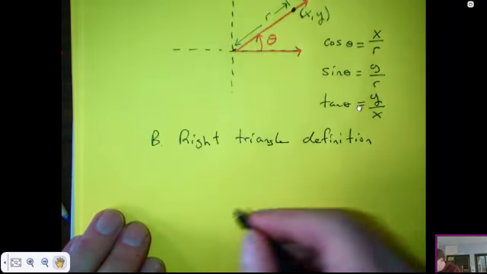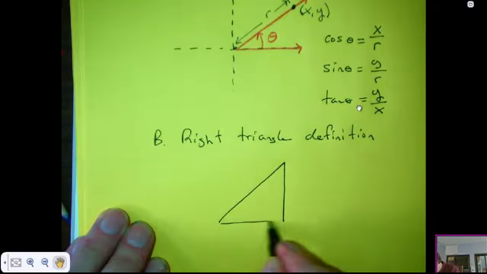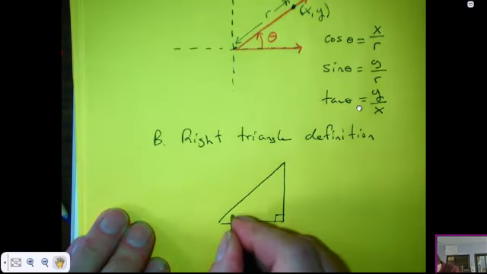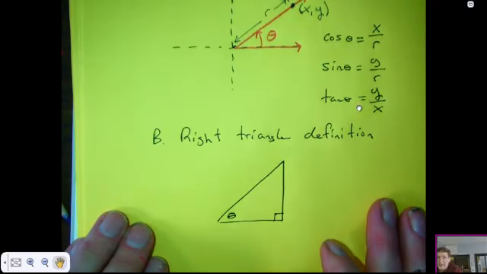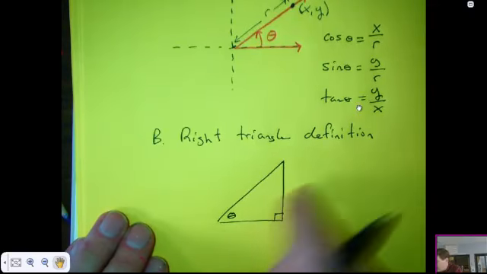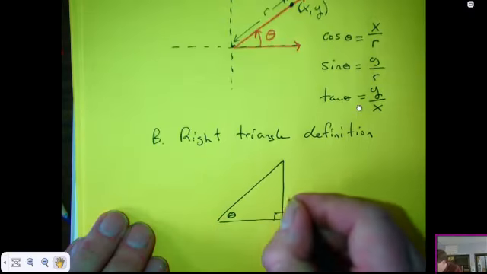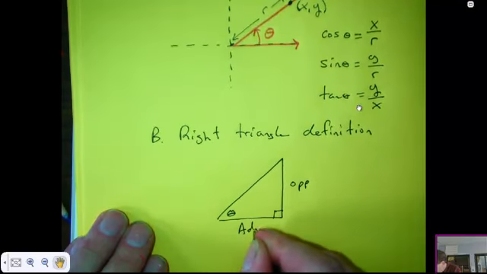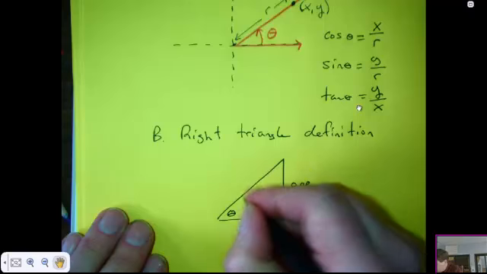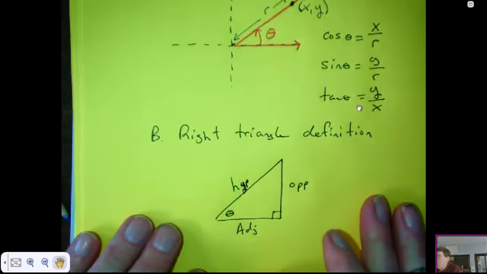Now we had just a freestanding right triangle, and theta is just one of the angles. We also identified the different sides based on that angle. We called the side opposite the opposite side. So we had the adjacent side and we had the hypotenuse.